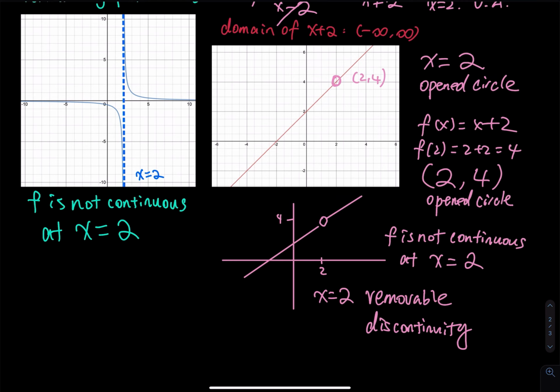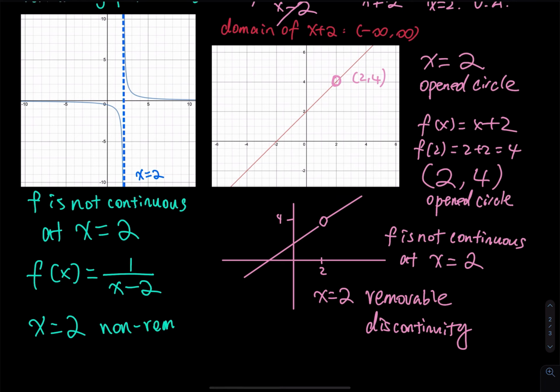How about the previous function? So the previous function is f of x equals 1 divided by x minus 2, and the x minus 2 cannot be cancelled, so therefore x equals 2 is a non-removable discontinuity.